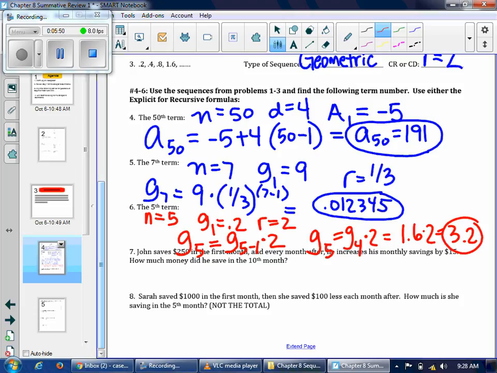The first term is going to be 250 because that's his original amount that he saved. The difference from term to term is going to be 15. And the number of months we're finding, so n, is going to be 10.